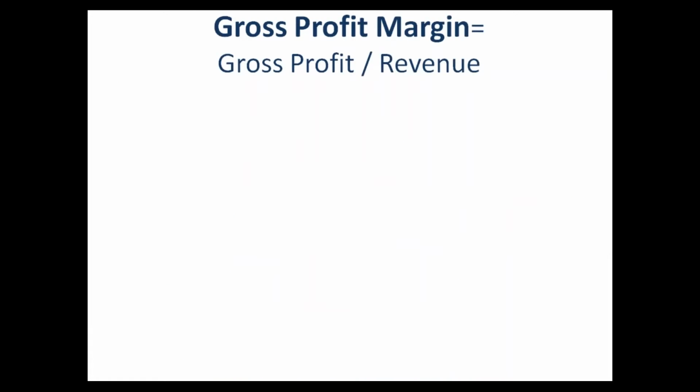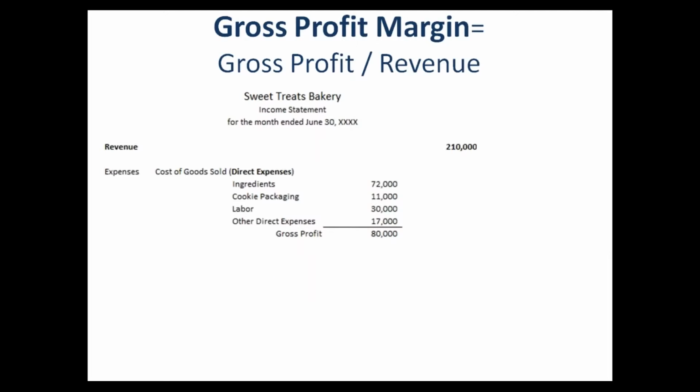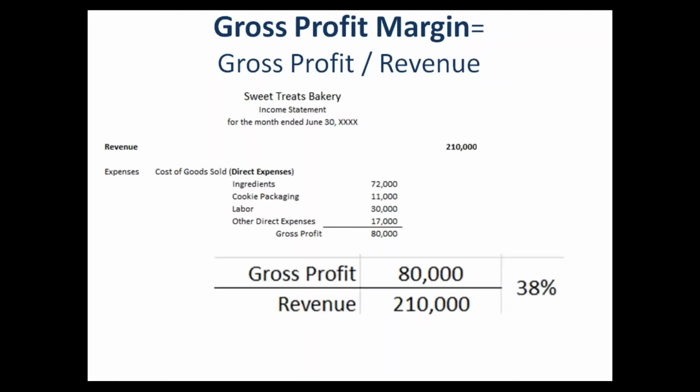Gross profit margin, along the same lines, same calculation almost here, except you take your gross profit divided by your revenue. And if you remember, your gross profit was that profit related directly to your product or service. So Sweet Treats Bakery here was $80,000, and that was their revenue minus all of the ingredients and direct expenses to their cookies, to their product they're selling.